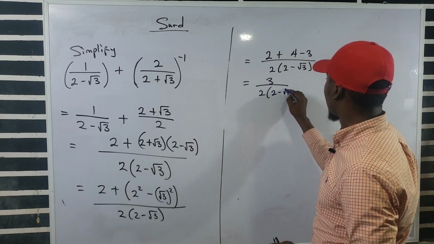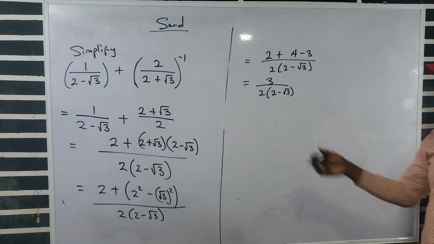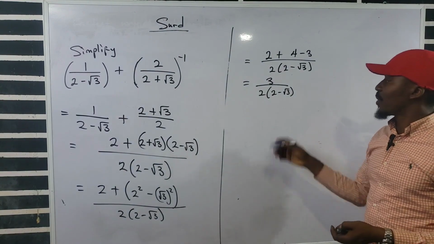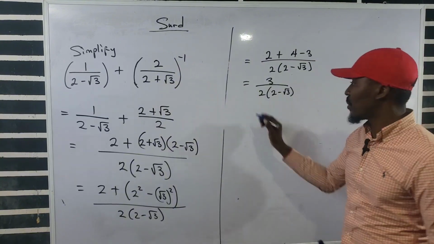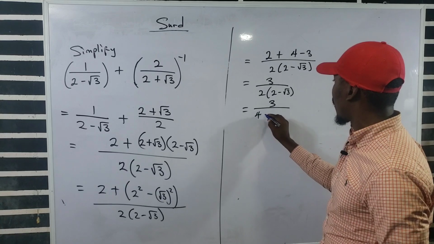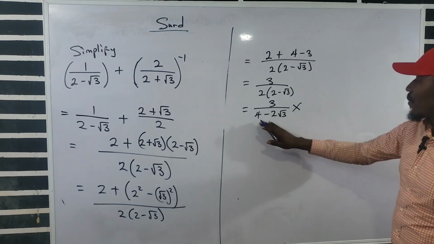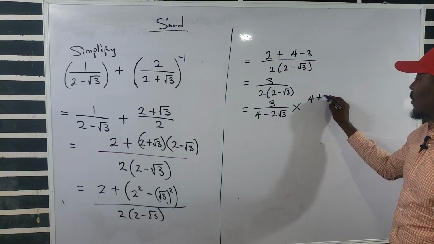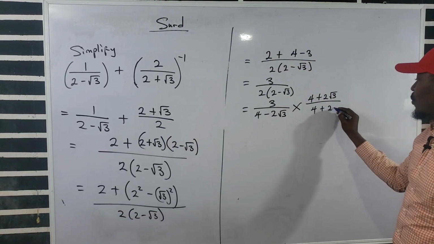into 2 minus √3. Now, we can now rationalize, okay, or we open the bracket and rationalize, because you cannot leave your answer in this form unless you are asked to do so. So that will give us √3 over 4 minus 2√3. So rationalizing, we have 4 plus 2√3 over 4 plus 2√3.